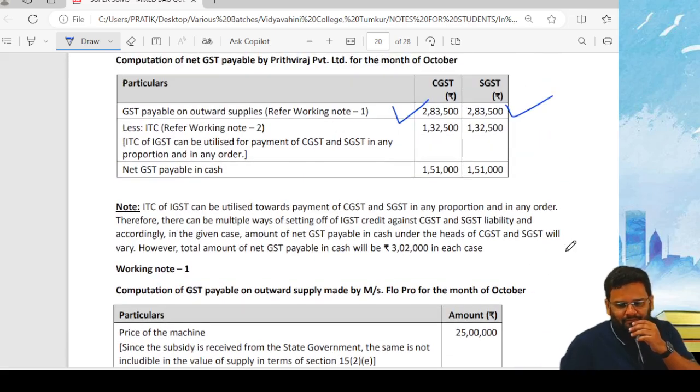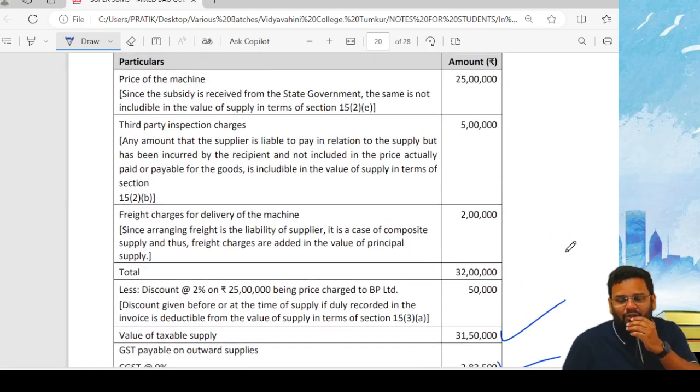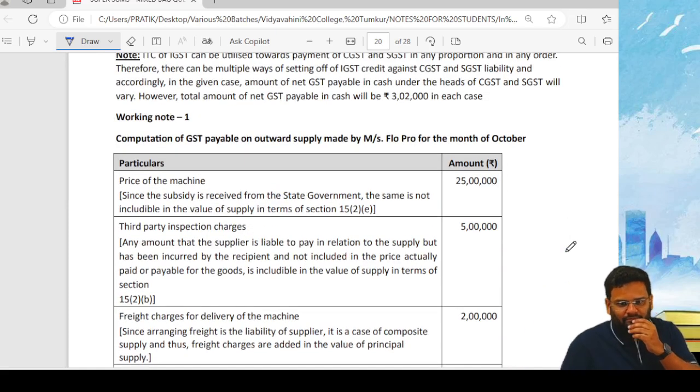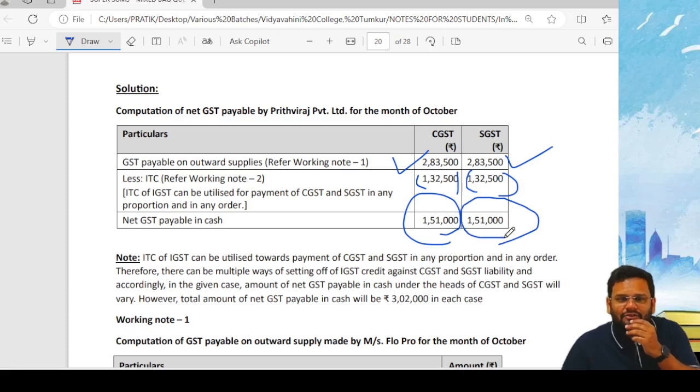If you use it equally, the amount of ITC divided by 2, 2,65,000 divided by 2, is 1,32,500. Use it to pay your output tax of 283,500. So on your calculator, 283,500 minus 132,500, 1,51,000 shall be your net GST payable.